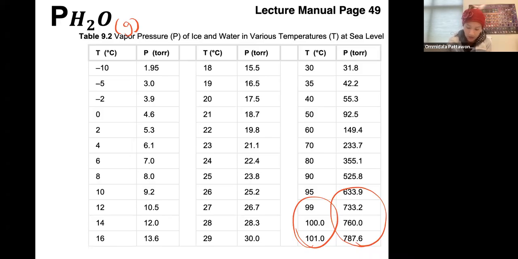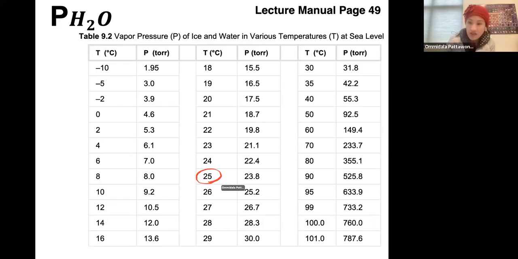Okay, so this table right here is very useful because you can know exactly what the partial pressure of water should be at a specific temperature. So for example, if you are looking at 25 degrees Celsius or 77 degrees Fahrenheit, you will see that the partial pressure of water comes out to be 23.8 torr.